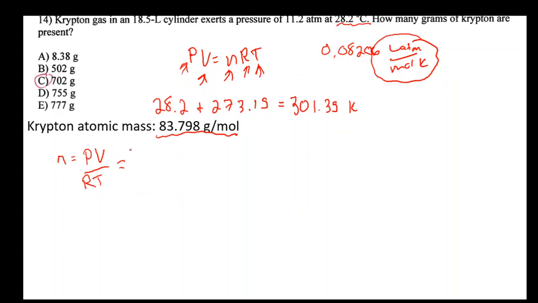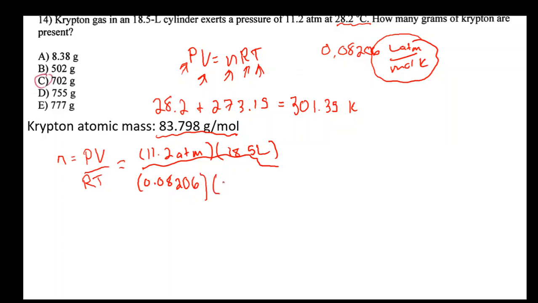Now we fill in our variables. Our pressure was 11.2 atmospheres times our volume, an 18.5 liter tank, divided by our gas constant of 0.08206 times our temperature, which was 301.35 Kelvin.